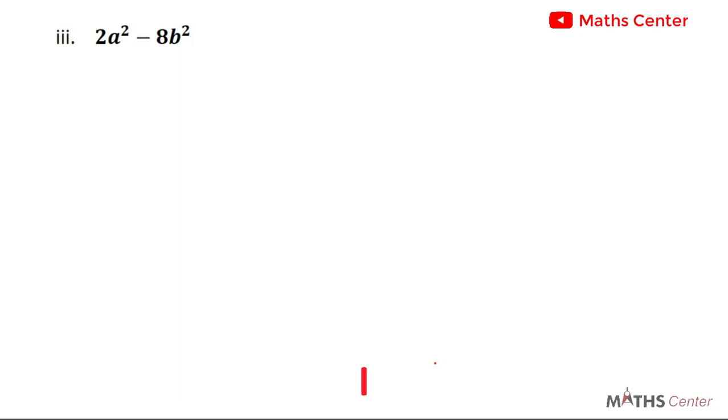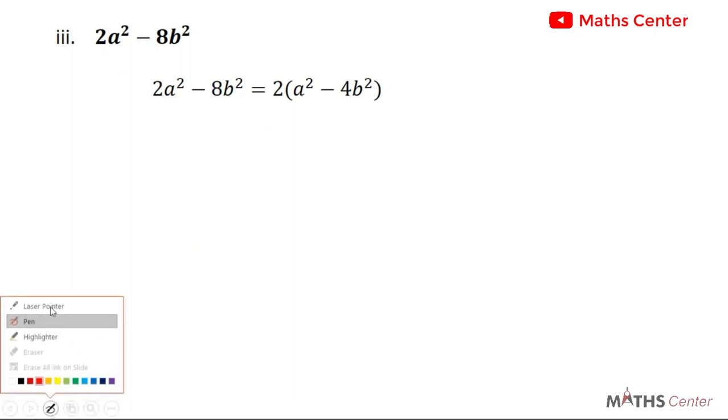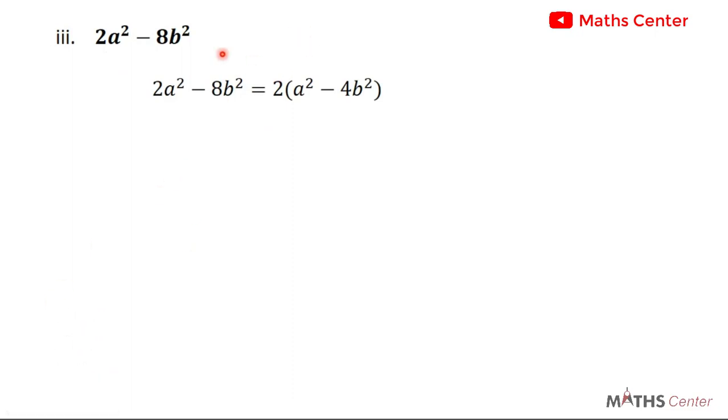2a squared minus 8b squared. Now we are supposed to use the principle of difference of two squares to factorize this. We can see that this given to us straight away is not a difference of two squares, so we need to do something about it. Now what do we do? If we factorize 2 out here, from the previous video we came to see that you have 2a squared, and you have factorized 2 out, so you have a squared, minus.